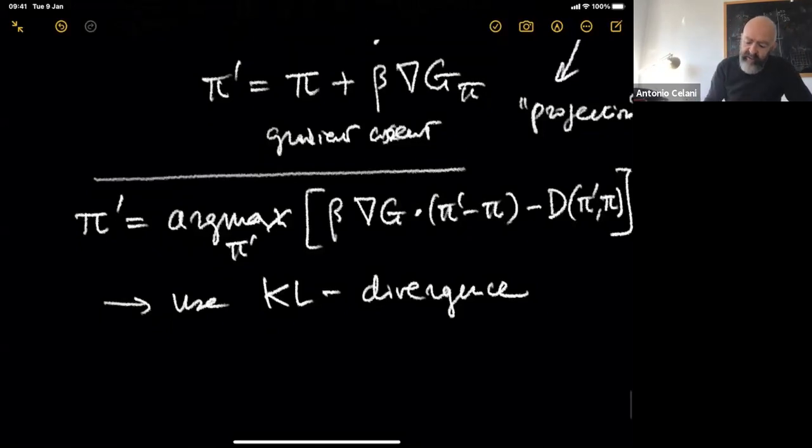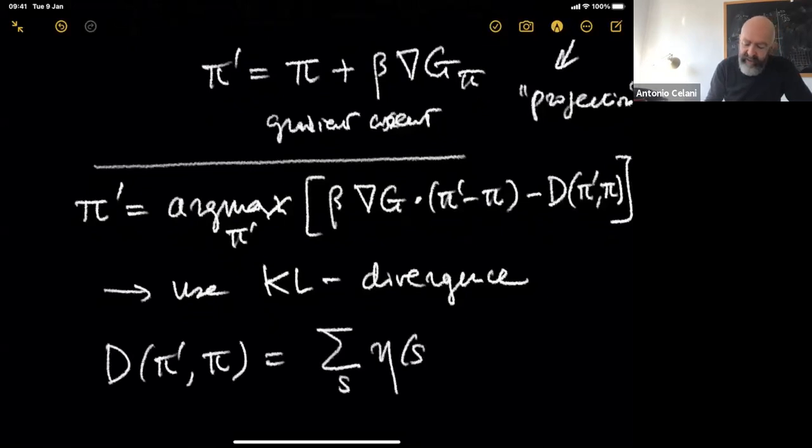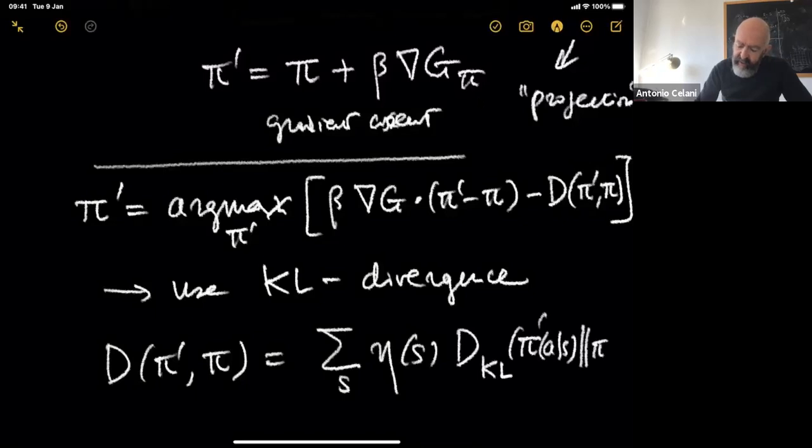The way I'm going to define this distance between two policies is as the sum over all states, weighted with my occupation distribution eta, the same eta that we've been using before for the gradient, of the Kullback-Leibler divergence between the policy pi prime in S and the policy pi in S. So it's a linear combination of Kullback-Leibler divergences.